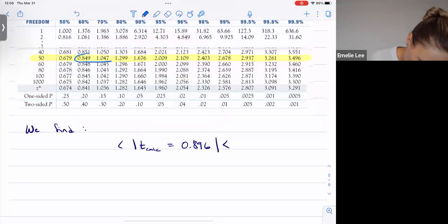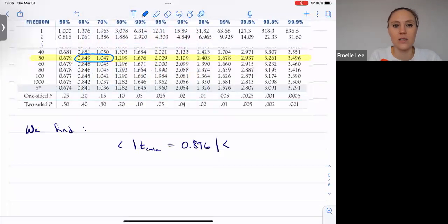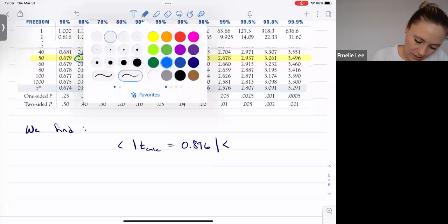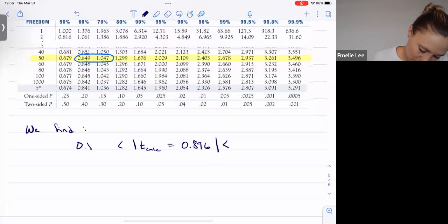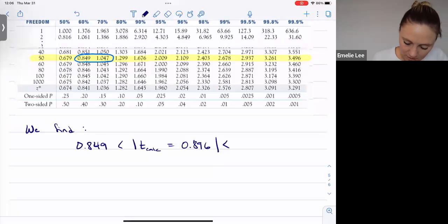So I can highlight these two if I want, right? And so here it's between 0.849 and 1.047.